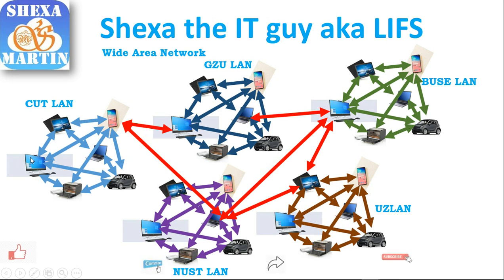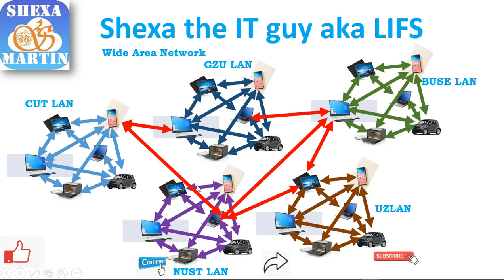Maybe you're using this device at CUIT, a desktop application. How does the message go to somebody who is using a mobile phone at UZ? What happens is there are several routes. You might send it that way, straight to a mobile phone, and this mobile phone is acting as the gateway.